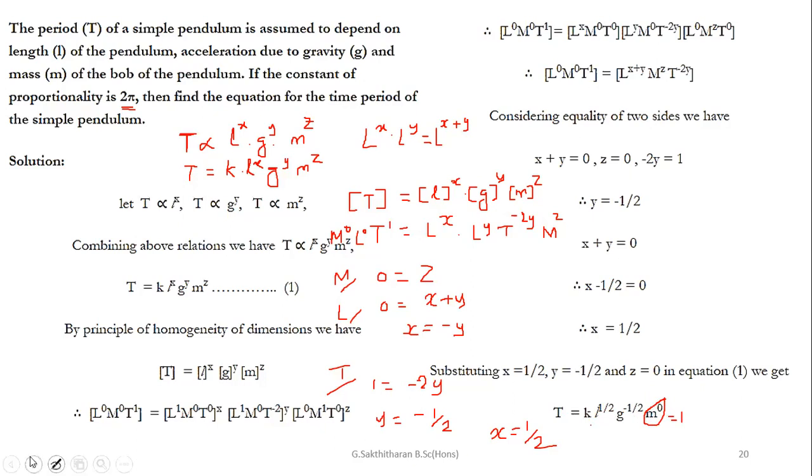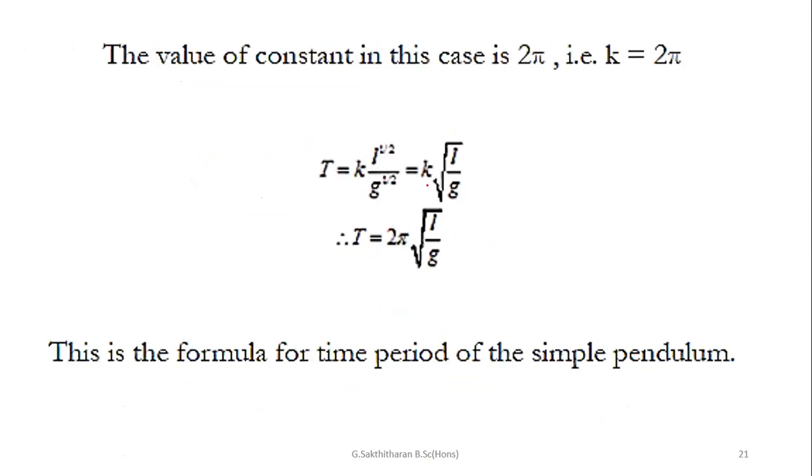We can write T equal to k into L to the power half over g to the power half. The power of half is a root. So T is equal to k into root of L over g.